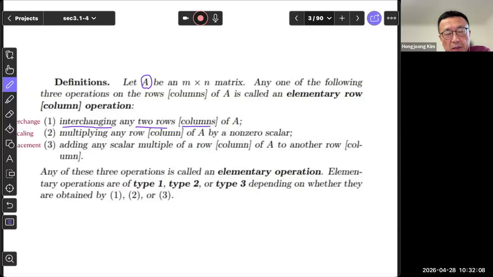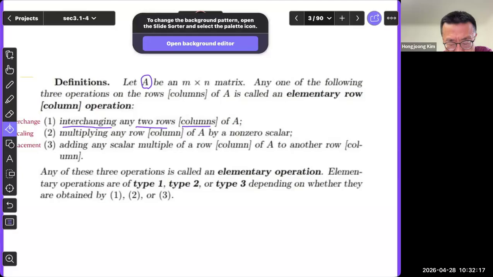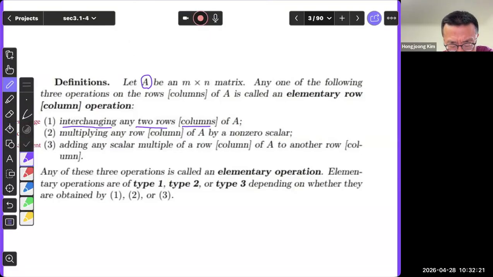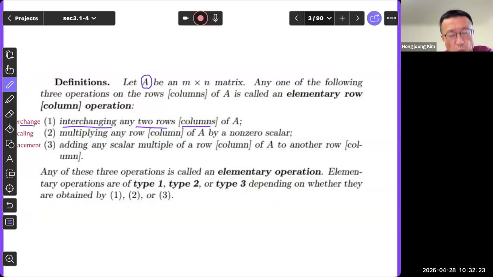In my class, I will call this first operation the interchange operation, or type 1 operation.